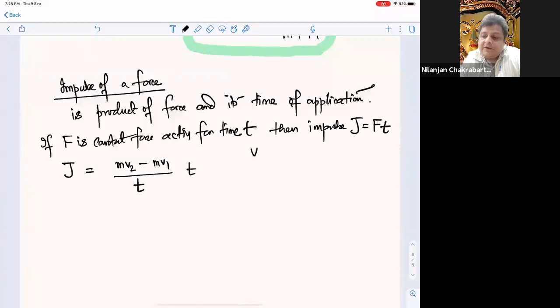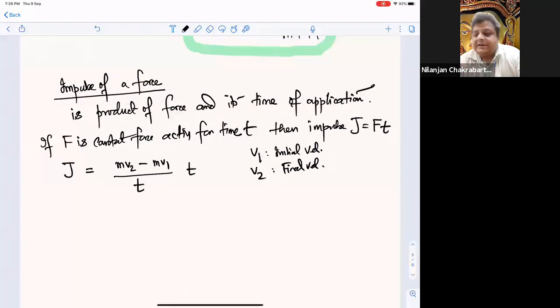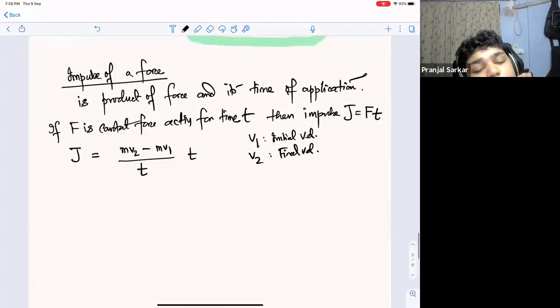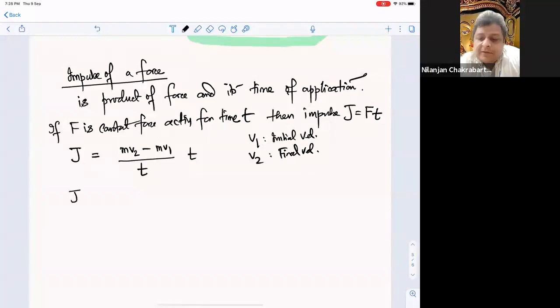See, v1 is the initial velocity and v2 is the final velocity. We are taking all along the x-axis, so no need of the vector sign. So therefore, what is J? J equals mv2 minus mv1. That is the change in momentum.